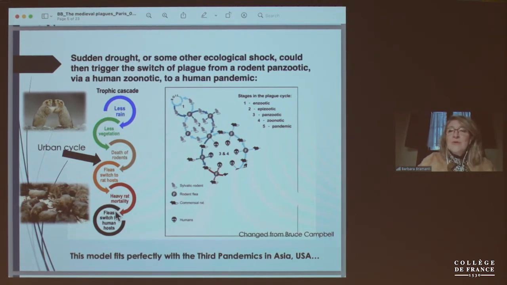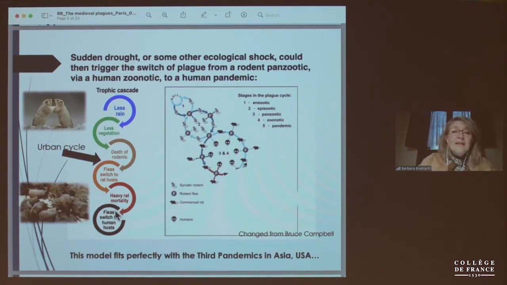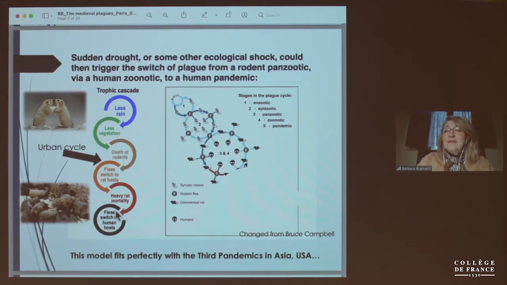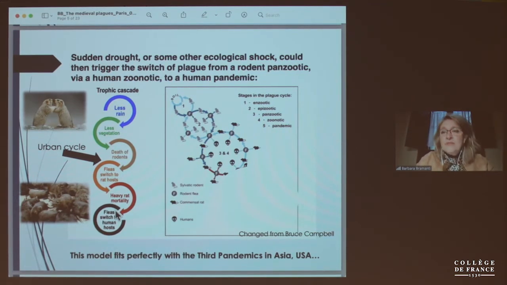They are seeking for food, and they come in contact with very domestic or commensal rodents like the rats. And on this occasion, they can exchange fleas and pathogen, and they can infect the rats. The rats are very sensitive to plague, therefore this infection causes a heavy rat mortality.